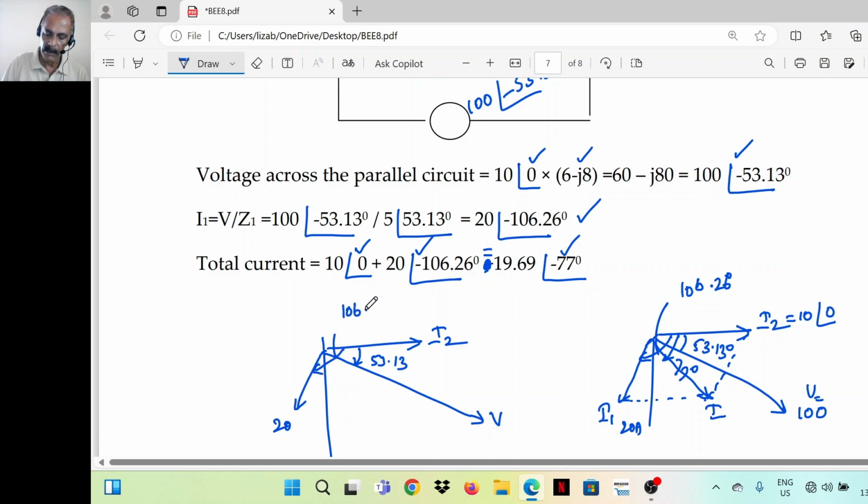This is 106.26. The resultant current: draw the parallelogram and complete the diagonal. This angle is 77 degrees. That is the phasor diagram.